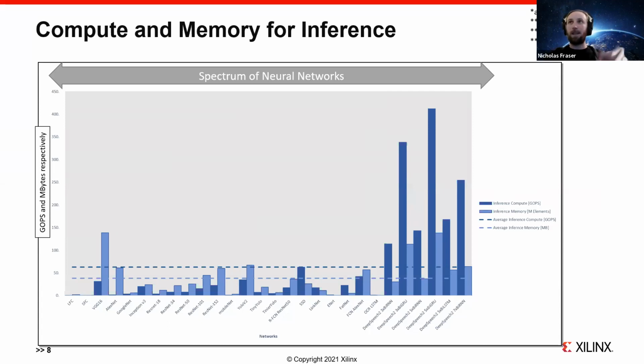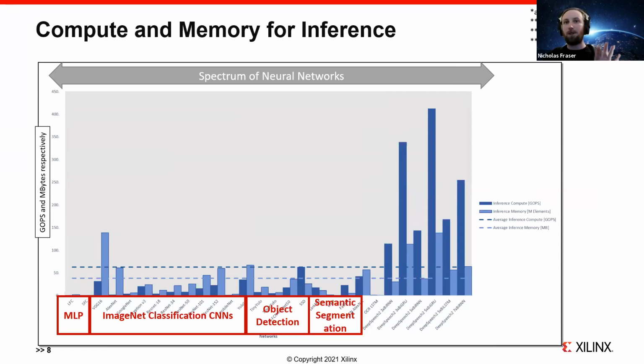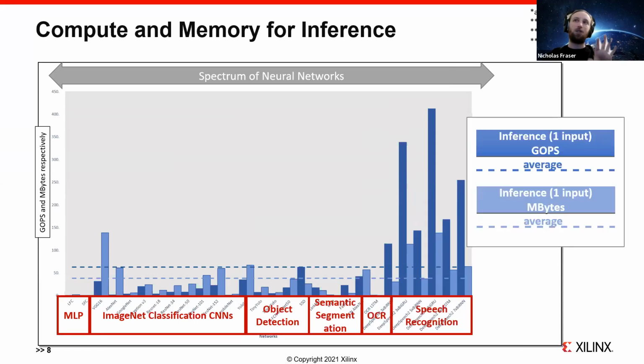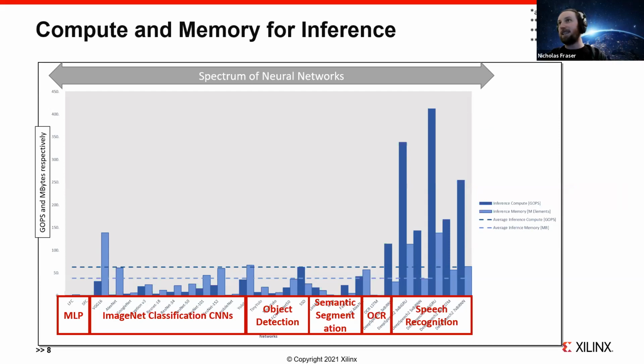So this is just a figure that we made up showing, let's say, the inference cost of a whole bunch of different types of neural networks for different applications, and actually just going and calculating here on the x-axis how many giga operations per single inference is required on average to do the inference task at hand, and the amount of memory required by the weights of those networks themselves, right?